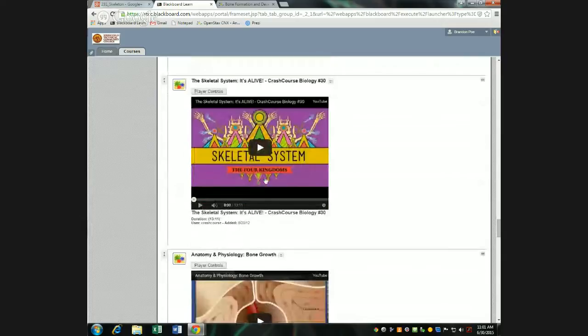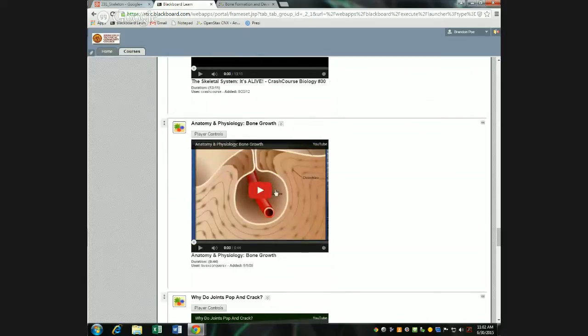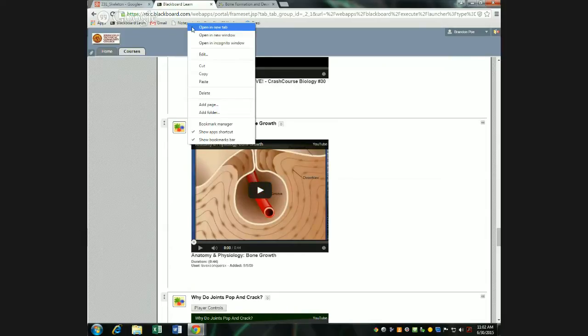And then here's a thing that's kind of an overview of the skeletal system. If you want to look at that, it's a pretty good video. And then this one here is showing how bones grow. I was under the impression that the title here gave you the name, but it didn't. So let me just write that word down real quick. It's important to be familiar with it.